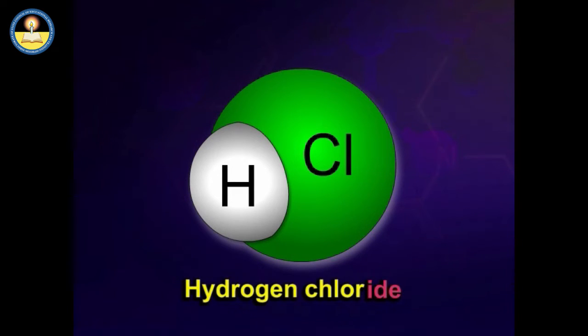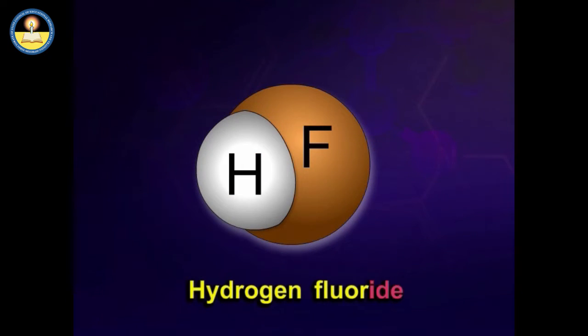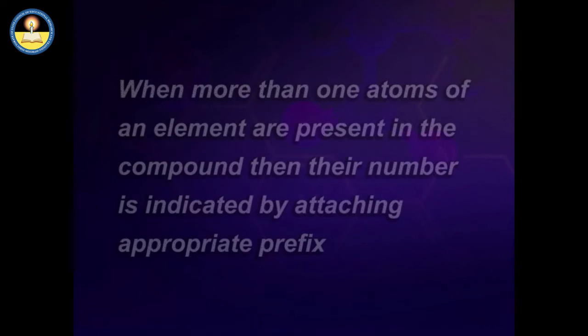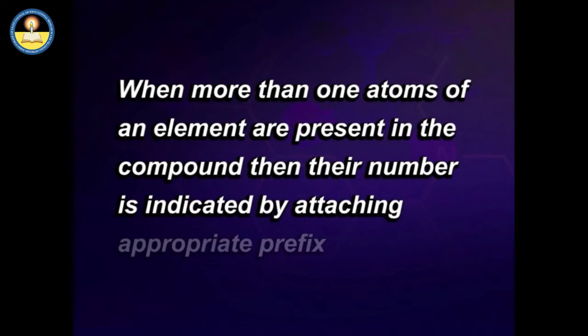For example, as per our description, HCl is named as hydrogen chloride, HF as hydrogen fluoride, etc. When more than one atoms of an element are present in the compound, then their number is indicated by attaching appropriate prefix.